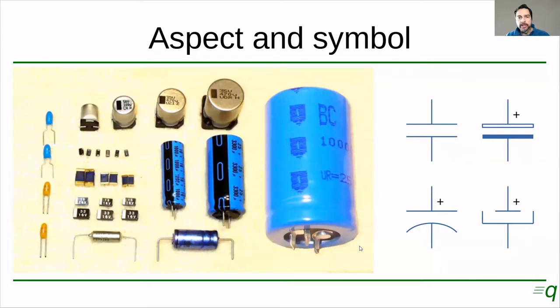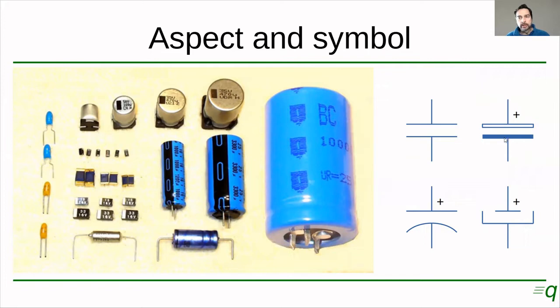So how does a capacitor look in real life? It will look something like this. It can take very many different forms. And these are the symbols for the capacitors. It's symbolized as the 2 parallel plates that we saw for the construction. Some capacitors are polarized, so they have a positive and a negative terminal.